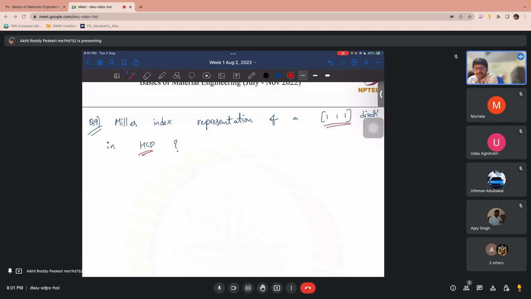So can any of you explain how we can go from the 3-dimensional Miller index to the HCP based Miller index system? In the HCP system we'll have 4 indices. So how are these 4 related to the 3 Miller indices?